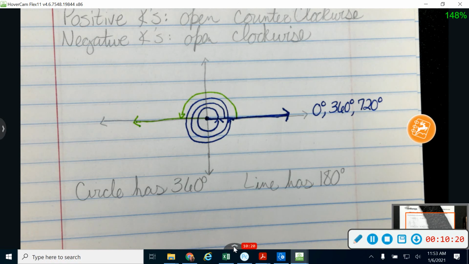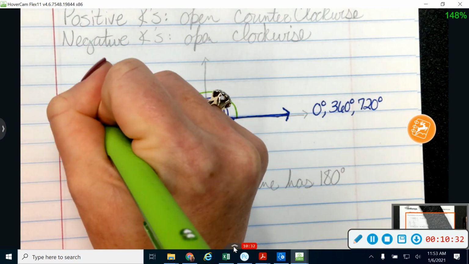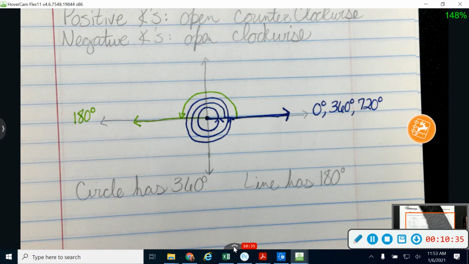Do you see how it made a straight line? So how many degrees do I have now? 180, that's right, good. So this is going to be a 180 degree angle. Or you can think about it as the whole way around is 360, so halfway is 180.